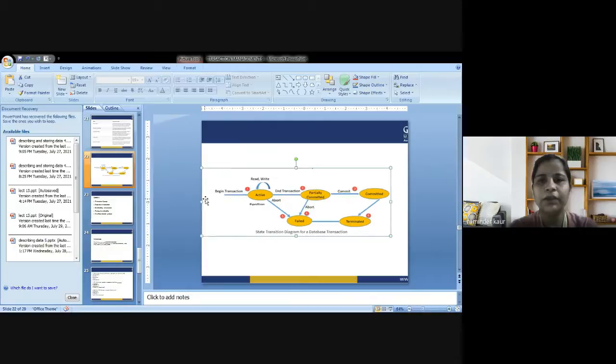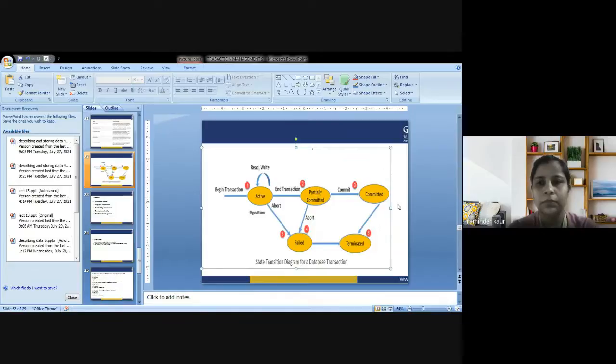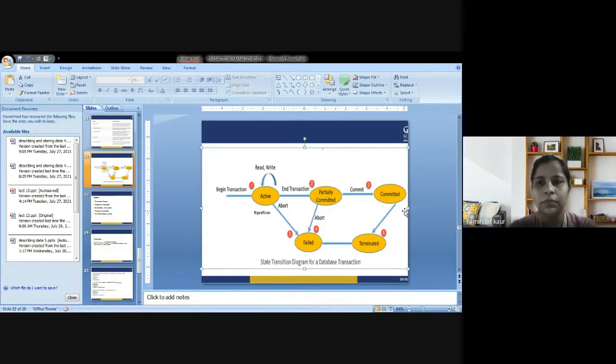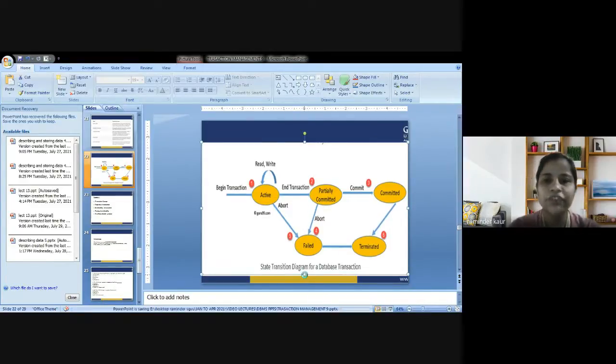So have a look at this diagram: the state transition diagram for a database transaction.